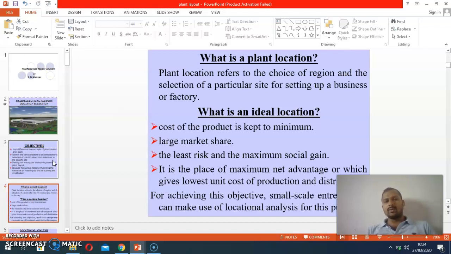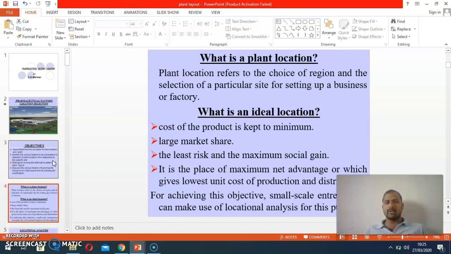The ideal location is one where the cost of the product is kept to a minimum, with a large market share available for that formulation, the least risk and the maximum social gain. It is the place of maximum net advantage, which gives the lowest unit cost of production and distribution.